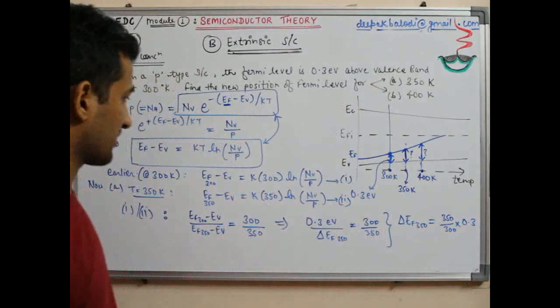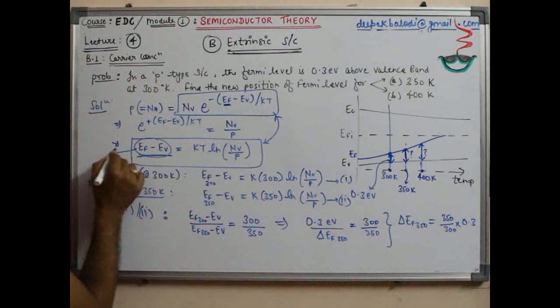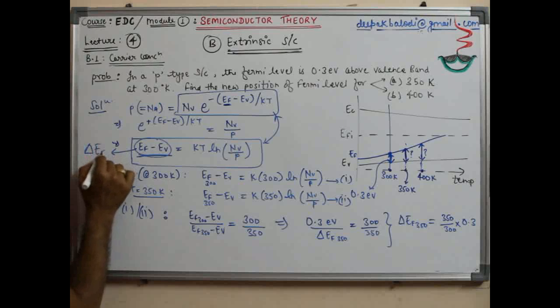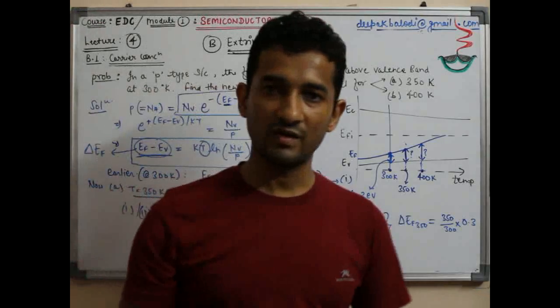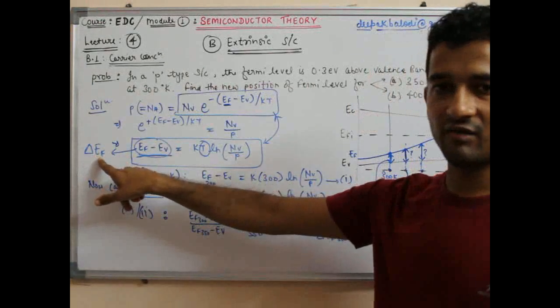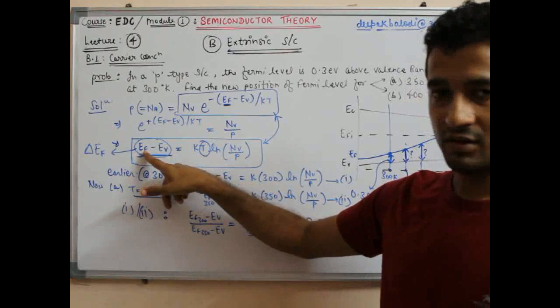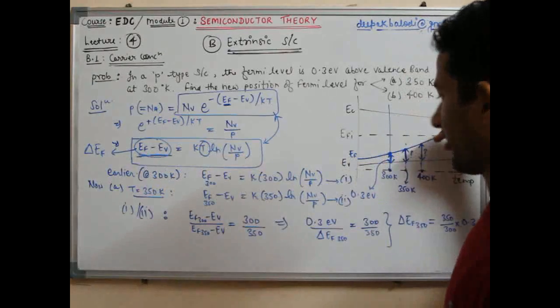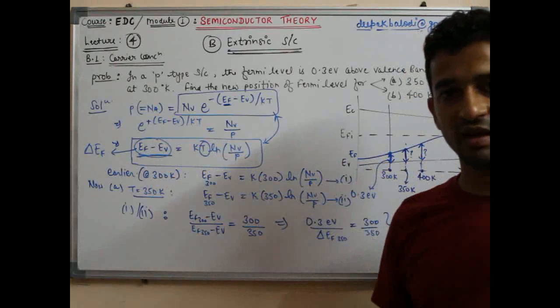You see it is expected, because from this formula this shift is nothing but delta EF. So delta EF is in direct proportion to temperature, and that's what we were expecting. As temperature increases, the shift in the Fermi level linearly increases, but otherwise the extent of being extrinsic reduces.